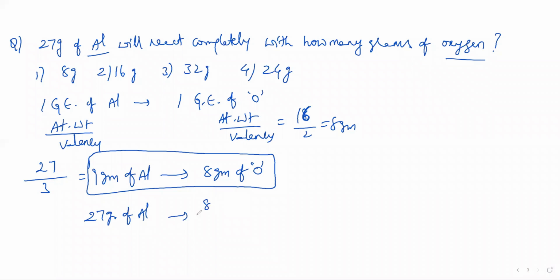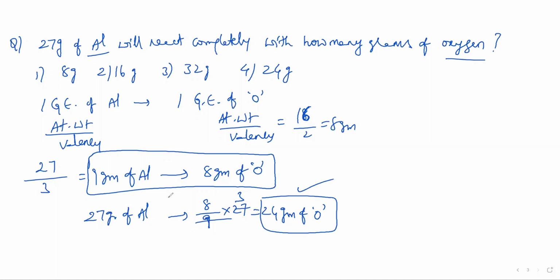That means 8 by 9 cross multiplication, sir. 8 by 9 into 27. 3 times 8, that is 24 grams of oxygen. So 27 grams of aluminum will completely react with 24 grams of oxygen. Which option is that? Fourth option. Right.